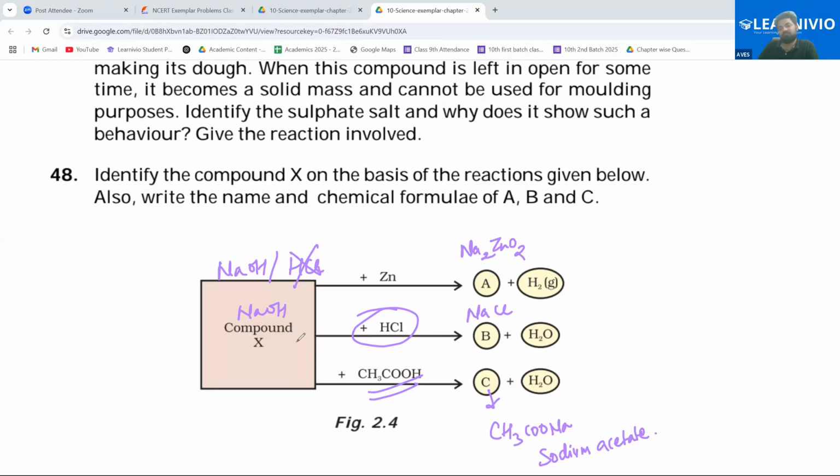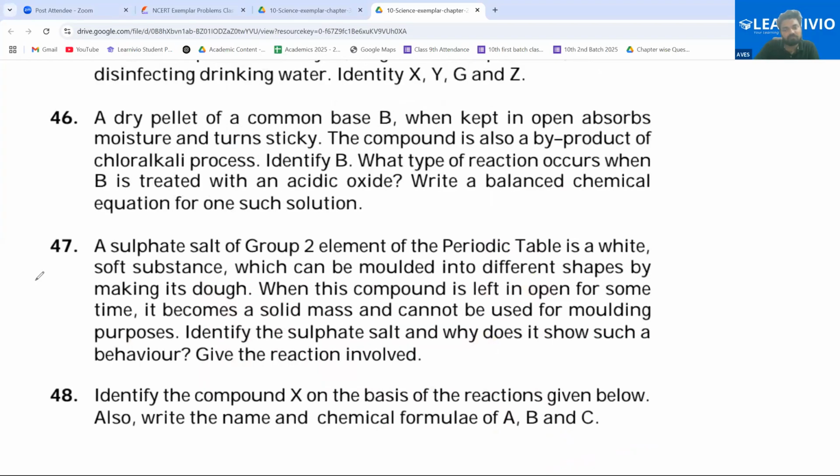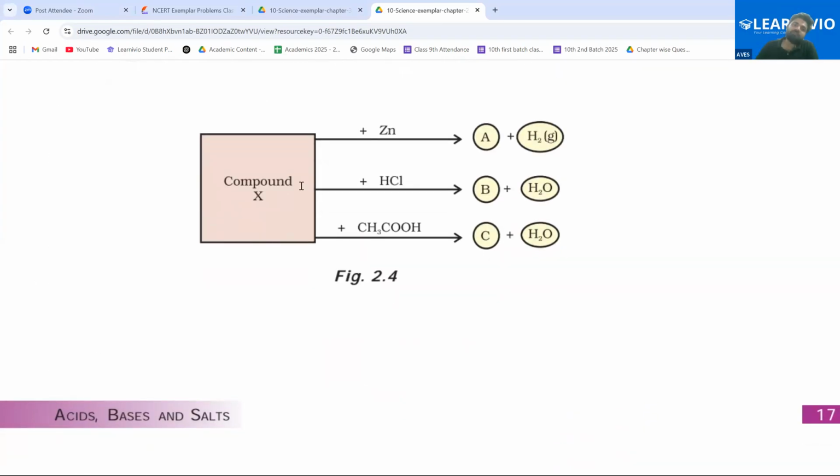What is that CH3COONa? It is sodium acetate.